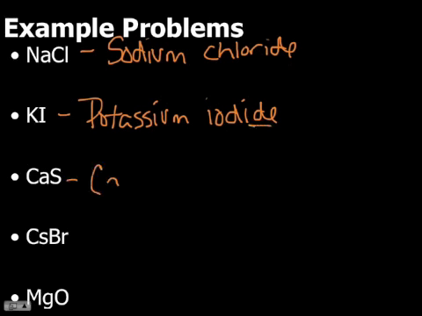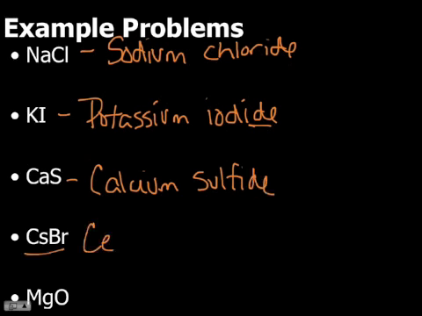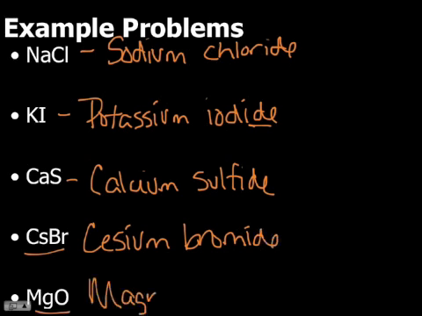CaS, calcium sulfide. CsBr, cesium bromide. MgO, magnesium oxide. So again, name of the first element, IDE on the second.